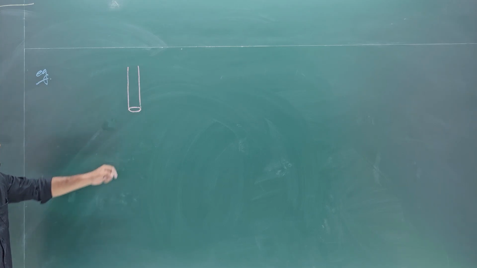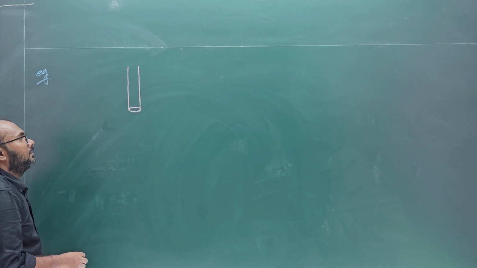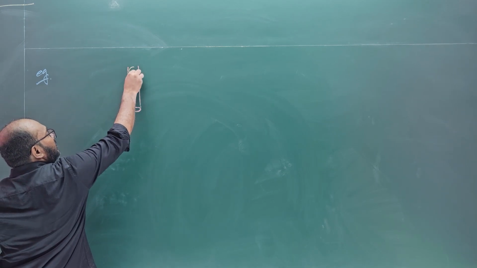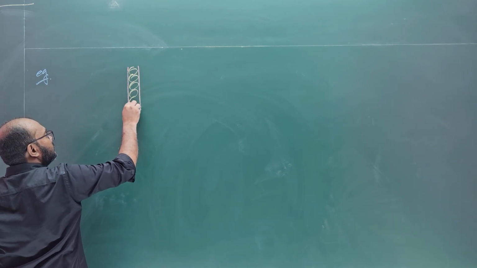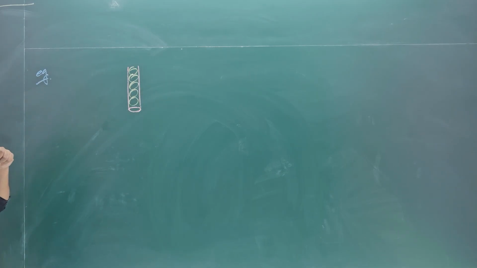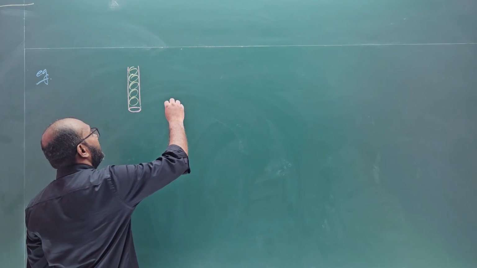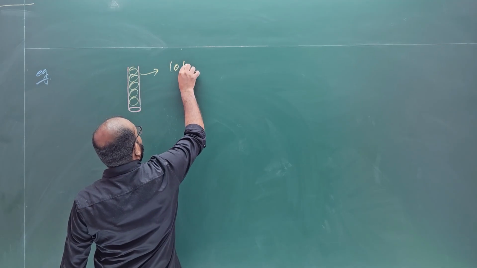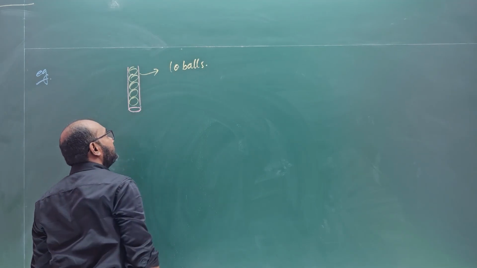Now consider, let's say, balls. Few balls are being hung here. Let's say 10 balls. Total balls in this barrel is 10.